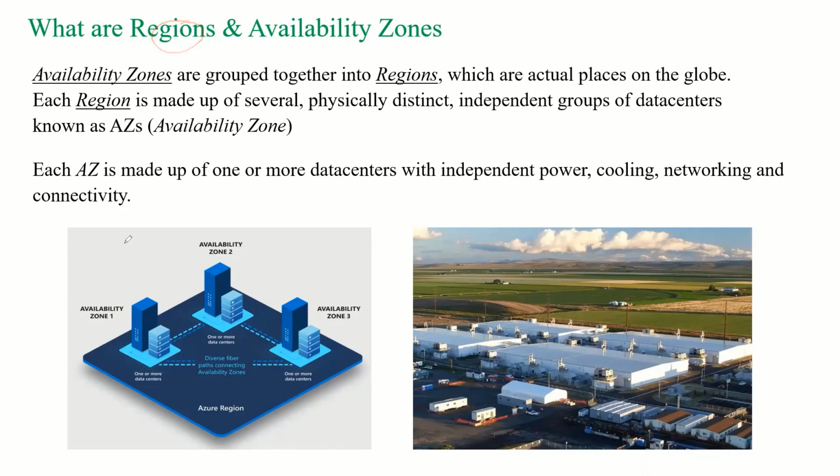Got it? So maybe this is in the India location, India region. Now we have selected California, right? California region. Maybe you can think that in the California region, in one of these data centers, we have created our virtual machine and we have created our web server. That is what it is. Okay. And here you can see on the right side, you have this big, massive building, right?